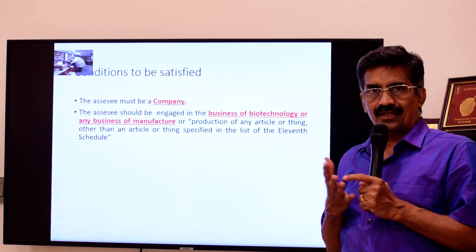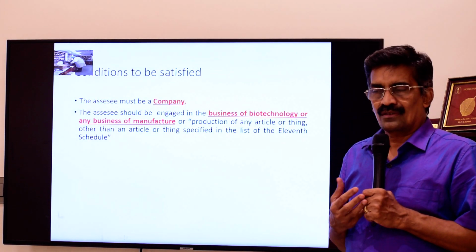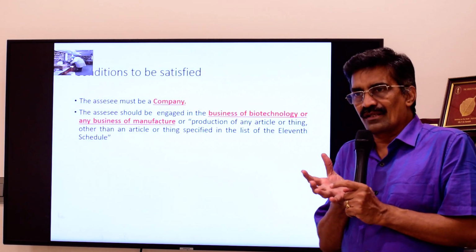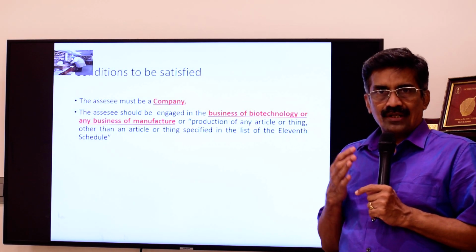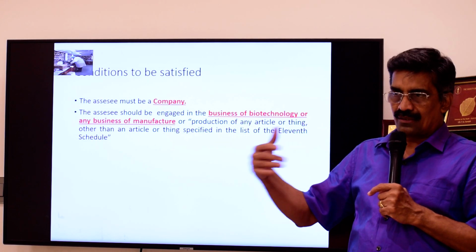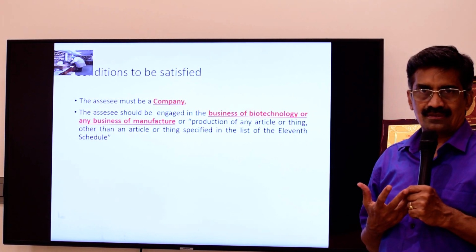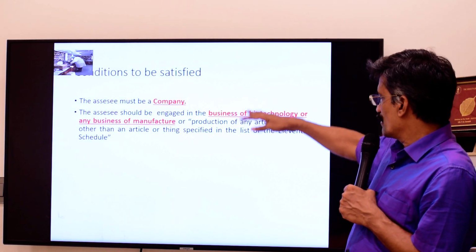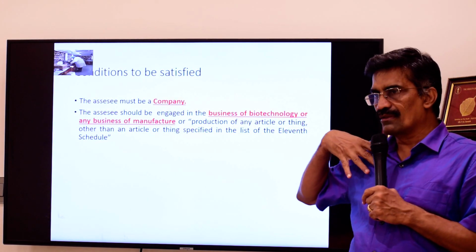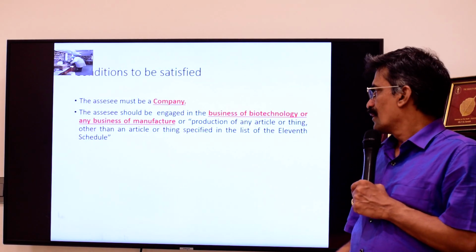One of the items there is wine and beer. The government feels correctly, in my view, that why should research be done in that particular business for which the government should give an extra benefit of 50%. So that's why they have listed items in the 11th schedule which are not eligible for a weighted deduction.